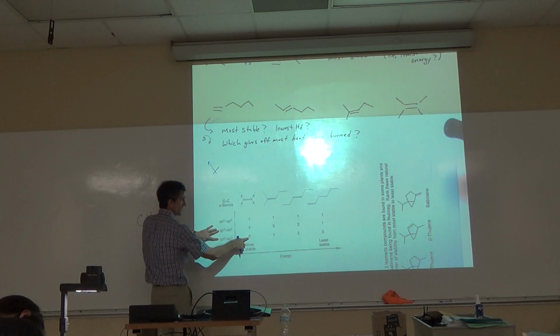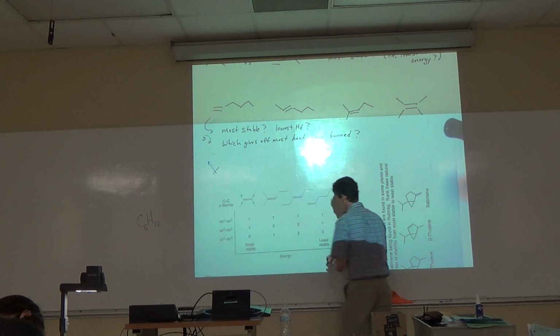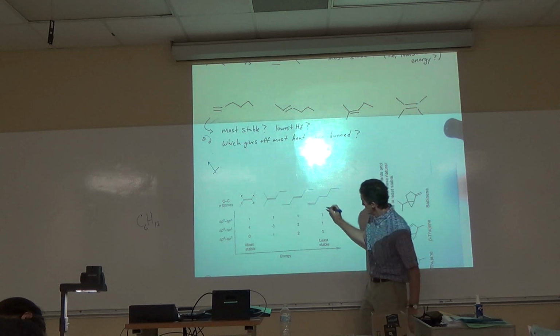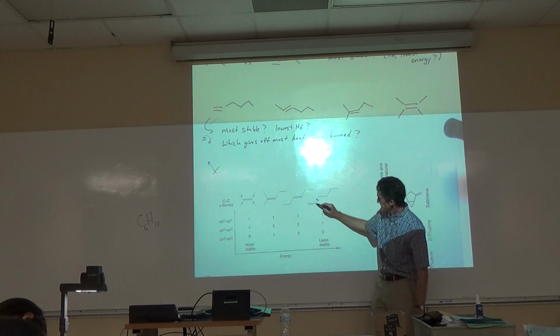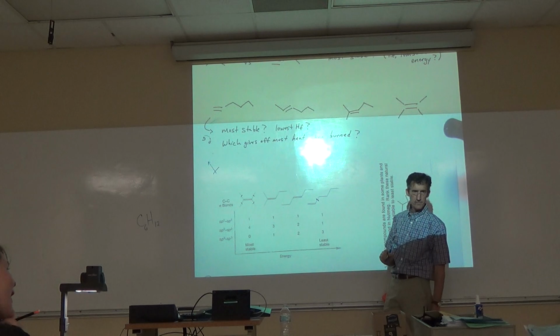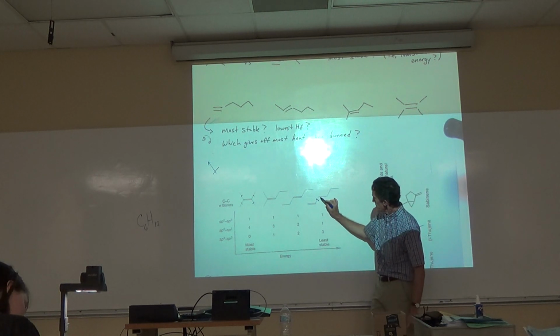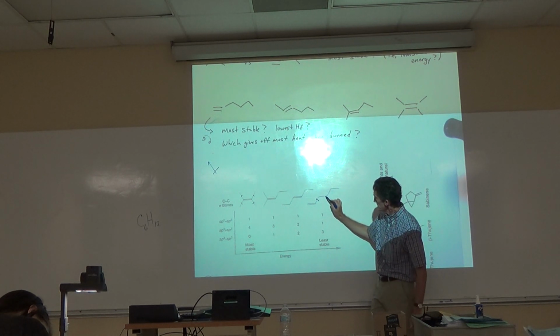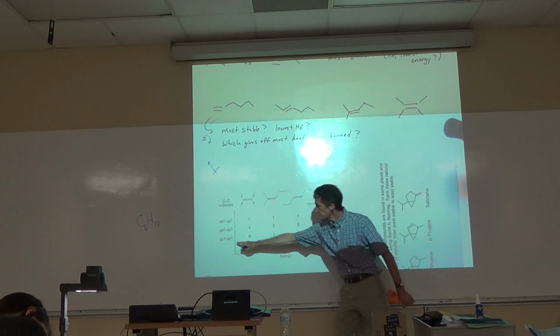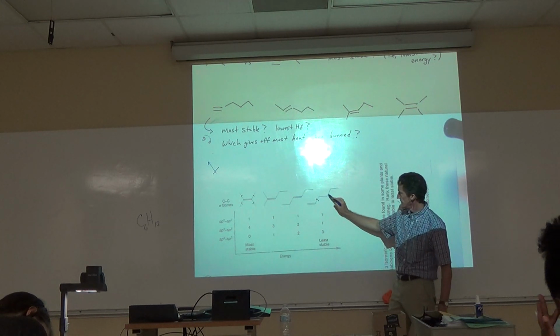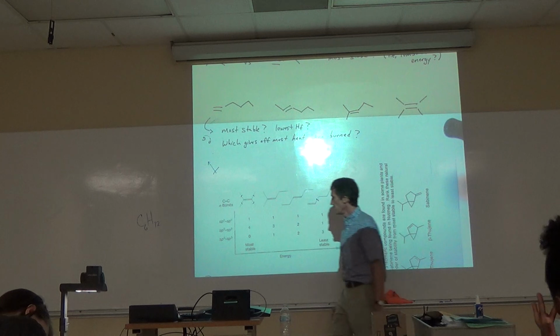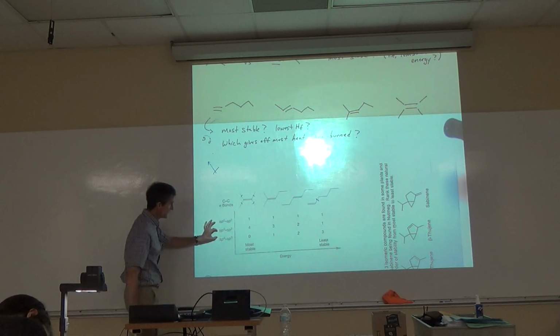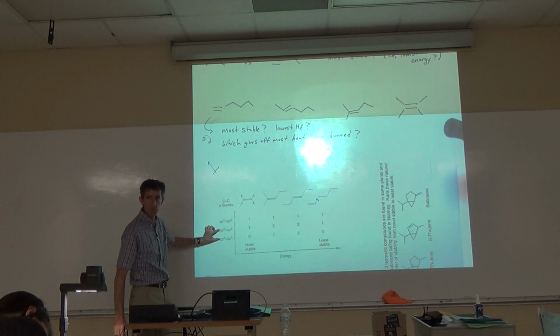It has 0 of those. But if you go down here, this one only has 1 of those sp2, sp3. The other 3 carbon-carbon sigma bonds are sp3, sp3. Of these 2 down here, which bond type is stronger?